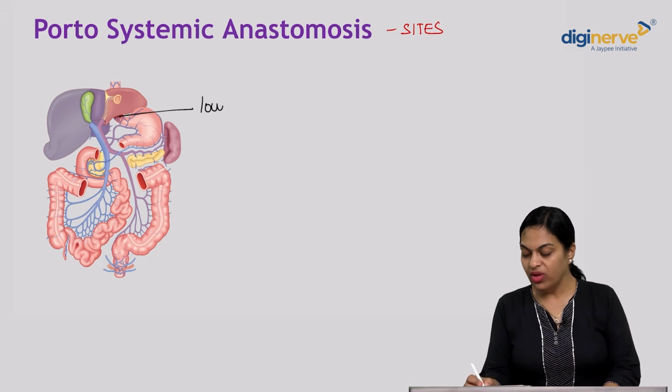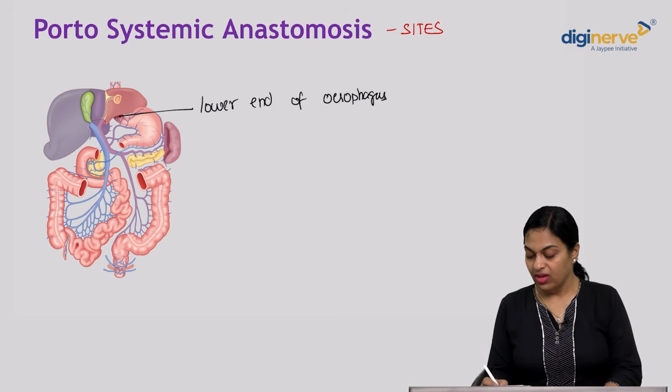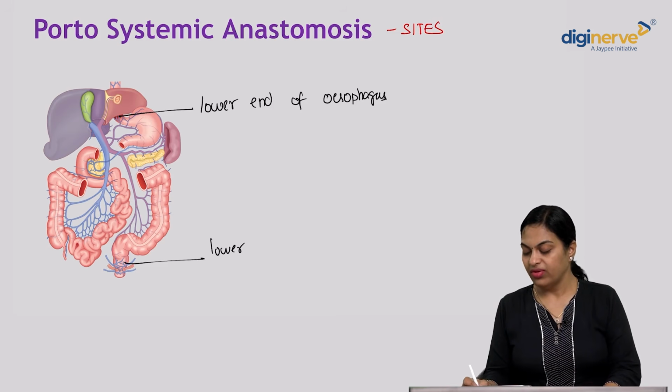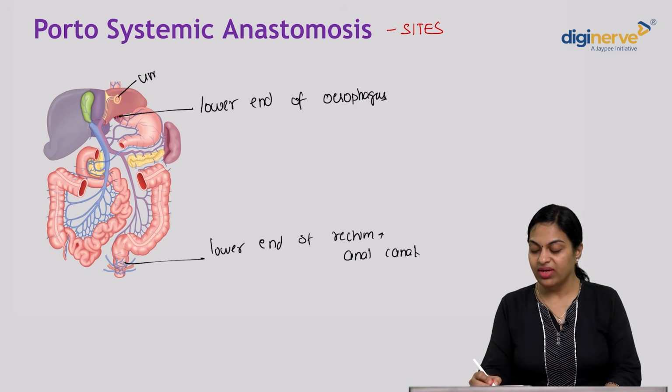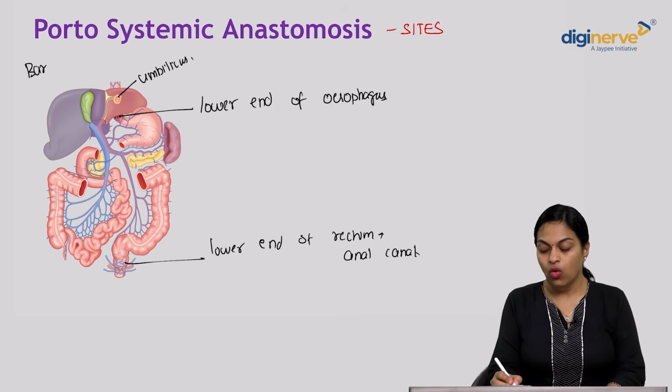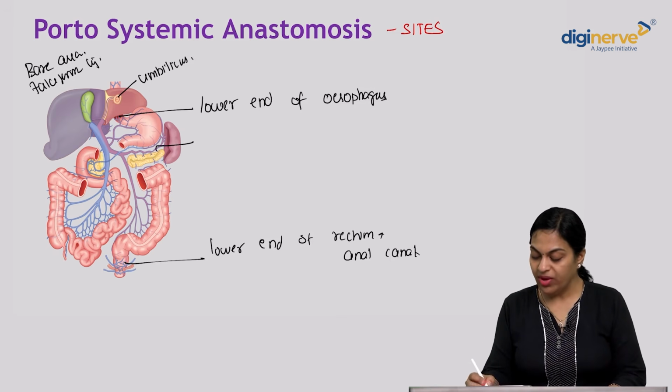So lower end of esophagus, lower end of rectum and anal canal, around the umbilicus, and in the liver over the bare area, and in the falciform ligament, yes, retroperitoneally.